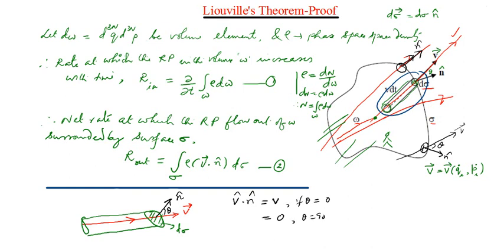This is usually what we do whenever we calculate the flux, because flux depends on the orientation of the surface. I don't know whether I explained it in the previous video. If you are keeping a circular ring in a flowing liquid, suppose a river is flowing down and you keep a circular ring in the direction of the river flow, then depending on the orientation of the ring, there may be maximum water flowing through it.